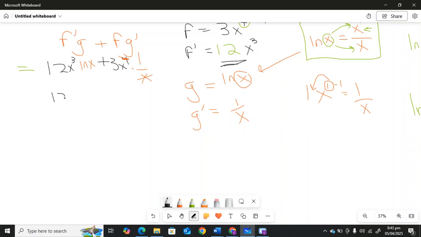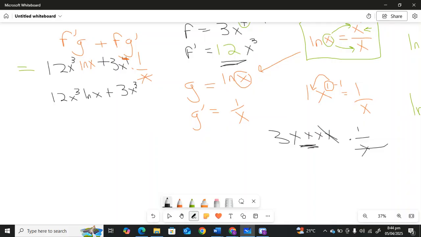Okay, colleagues, are we okay with how we've got that 3x to the power 3? 3x to the power 4, right? 3 times x to the 4 is here, multiplied by 1 over x. One x cancels, another x cancels. So we've remained with 3x cubed. That's how we get 3x to the power 3.